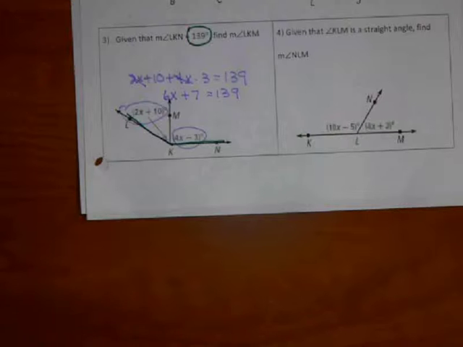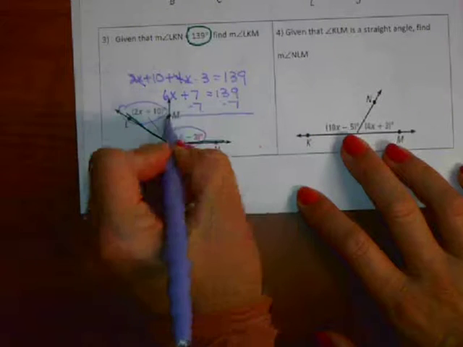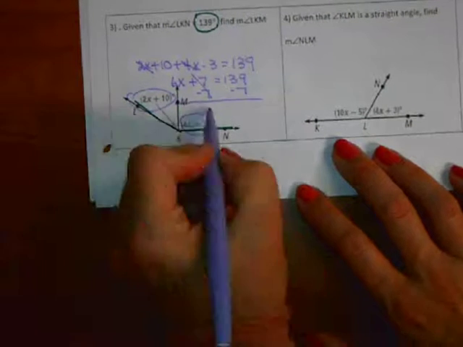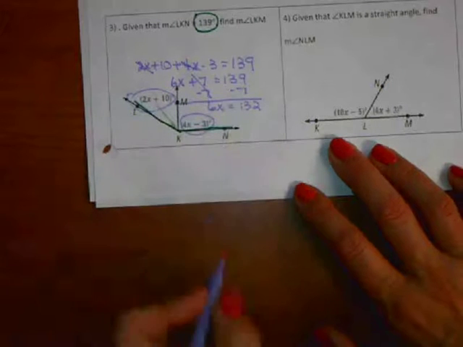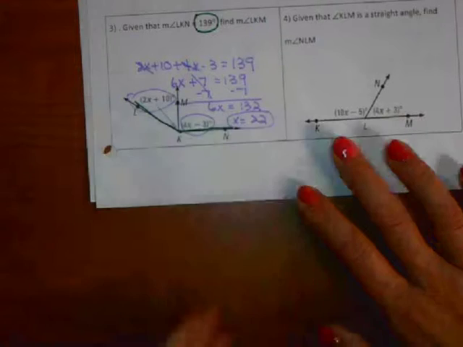Now what do I do to solve this equation? Tyler, what's the next step? Minus 7. So I'm trying to get x alone. 6x equals 132. x equals 22.